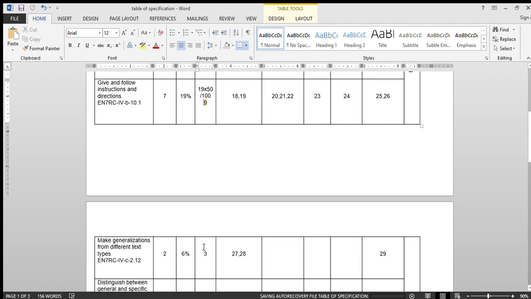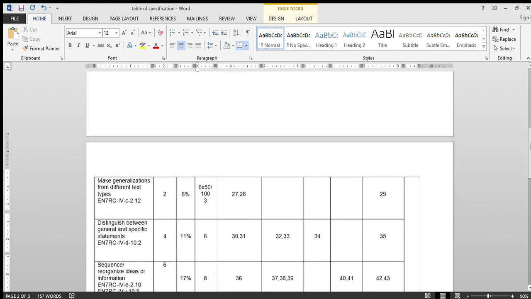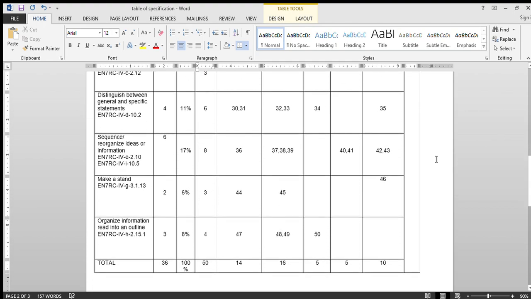Then at this one, we have percent of items 6, so we are going to use 6, then multiply by 50 items, divide by total percent of items, which is 100. It will equal 3. Next, 11 times 50 divided by 100, it will equal again 6.